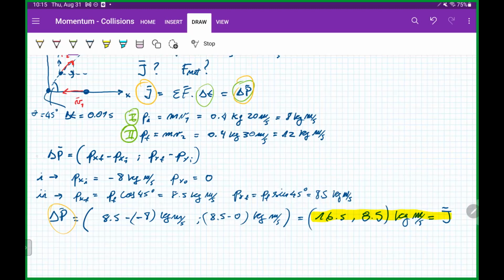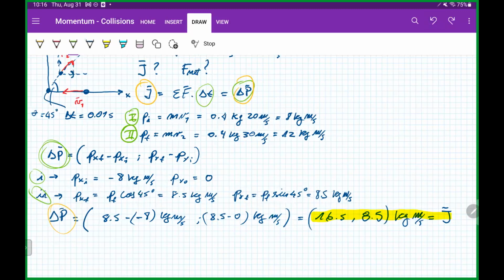Then we established the actual expression that lets us get that delta P, that delta vector, and then we calculated each of the components of those vectors for each stage of the motion. And finally, we got that delta P, that vector, which is equal to J up here, to the impulse.